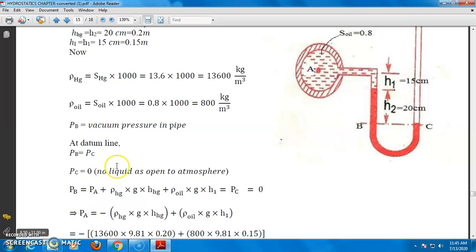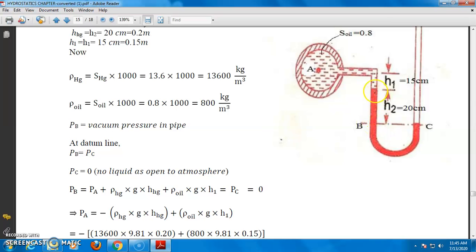So PB is equal to, first you have to calculate the pressure of that pipe, that is PA, then the pressure of that mercury. All of you know that pressure P is equal to rho g h. So when you calculate the pressure of that oil in the left limb, the formula is density of that oil into g into H1, plus the height of the mercury.